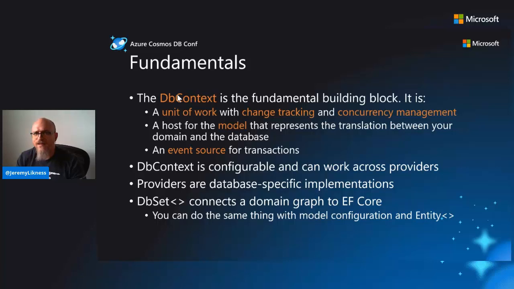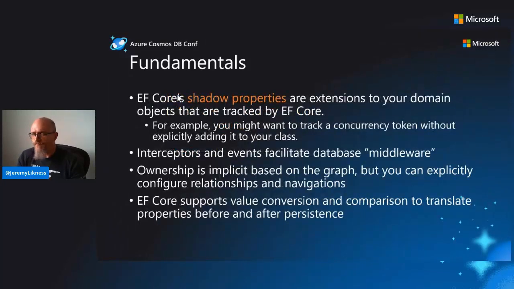That DbSet is the important way that I connect the entity to the database. The other thing that's interesting to note is EF Core supports something that we call shadow properties. Shadow properties are properties that EF Core will track as part of your entity, even if they aren't defined on your entity.